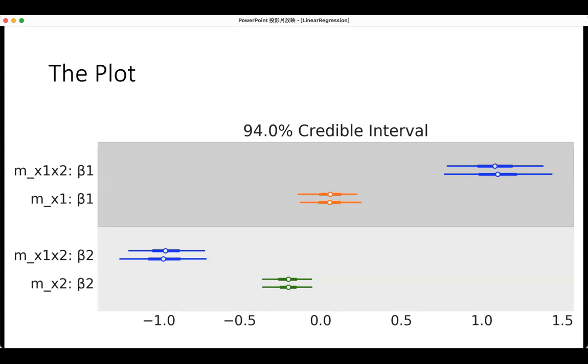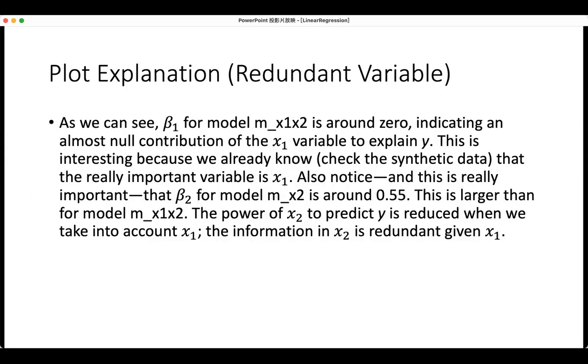But basically this tells you that when you have an extra variable in your model, because MX1, X2 has two independent variables that are somewhat correlated, the result is going to be difficult to explain.